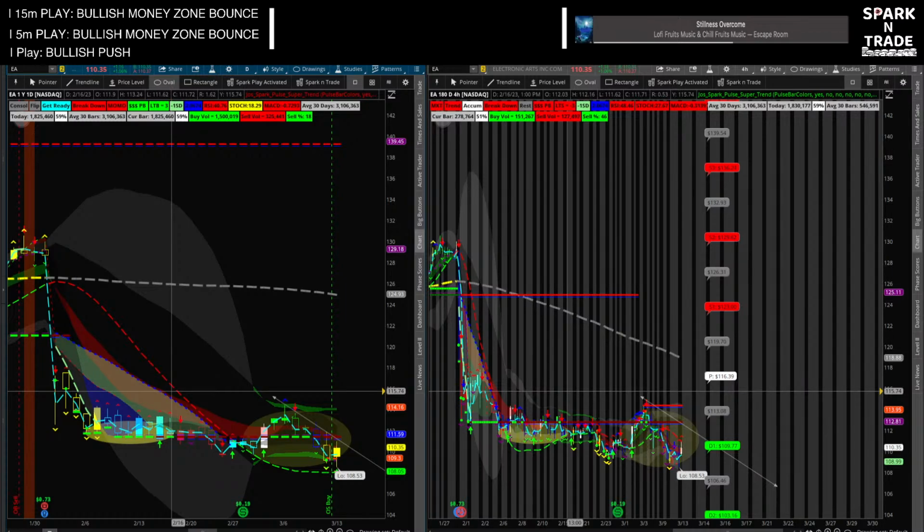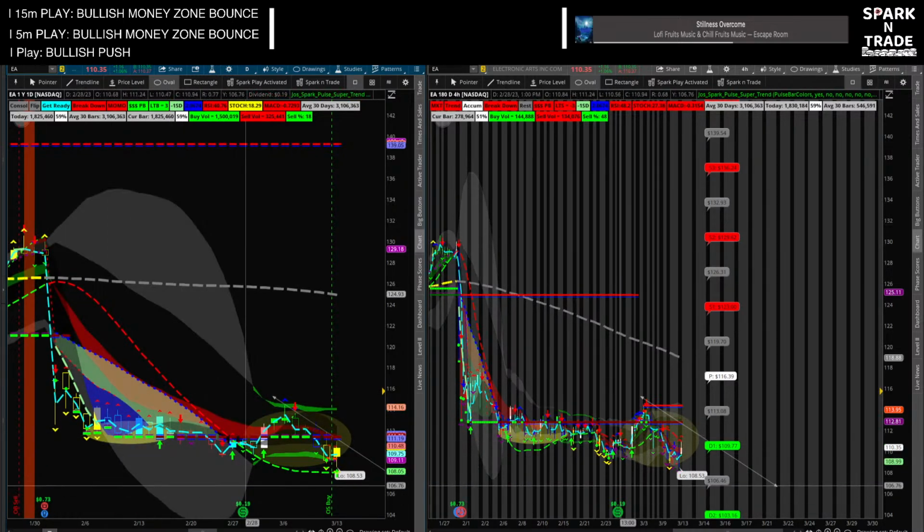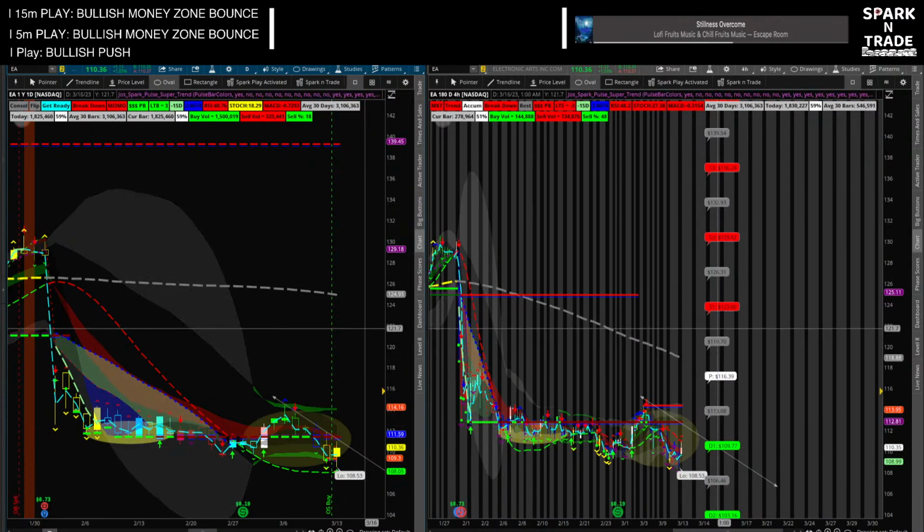Not filled yet, but probably 90-something cents is where I get filled. That's just a test to see if we can go at least, I beg it to go like 125, but 117 would be a nice target on the contracts for the monthly risk. All right, so we'll see what happens there.